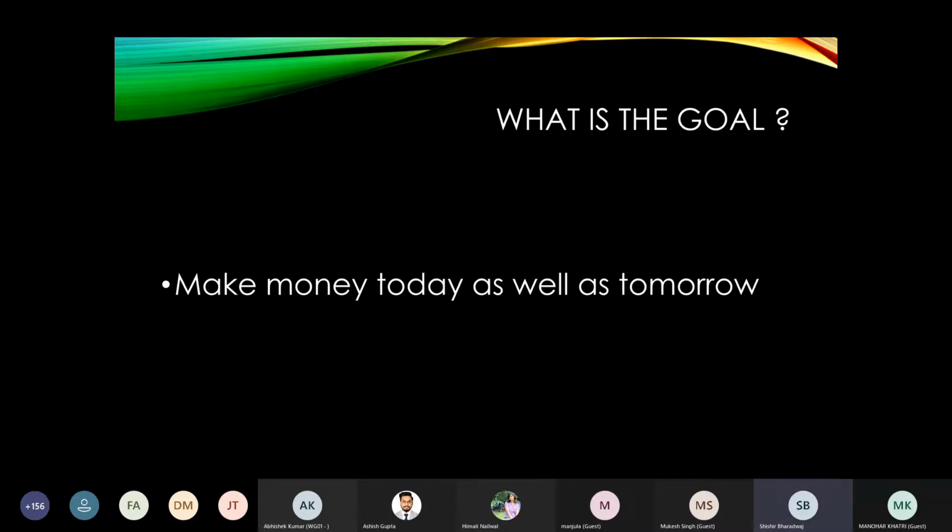Like I said, before you define your productivity, you should be clear what the goal is. Very simply put, the goal is to make money today as well as tomorrow. And before, I tried to explain the relationship: if you don't make money today, how do you pay your employees? So employees will be unhappy. If employees are unhappy, the customers are going to be unhappy.